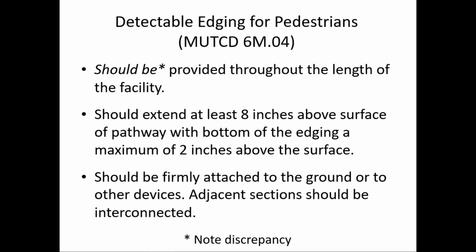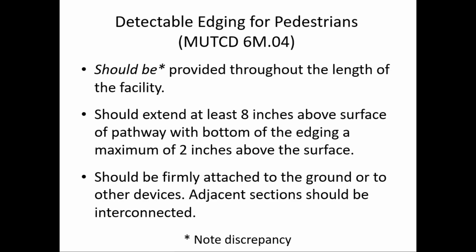And I've been advised that FHWA is aware of this, and the next edition of the MUTCD, I guess it would be the 12th edition, whenever it comes out, will bring consistency, which to me would probably be a shall. So the MUTCD likely will require that detectable edging. But right now, I wanted to note that there is a discrepancy. My advice would be to follow PROWAG in this case.